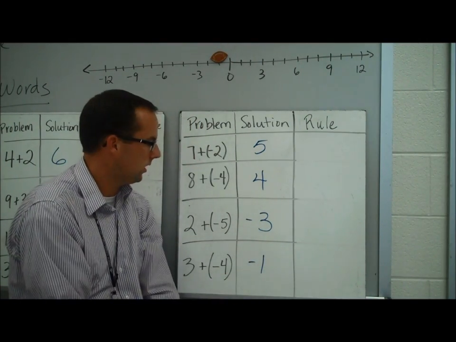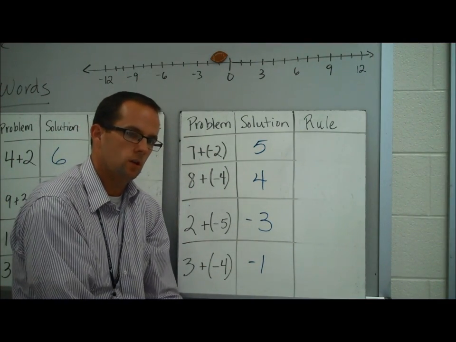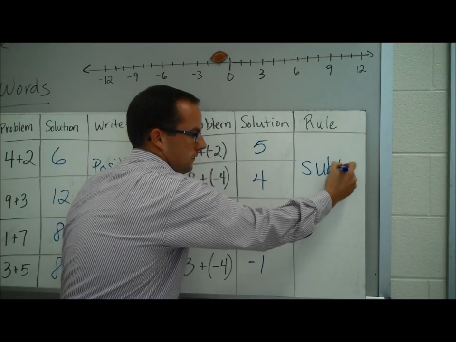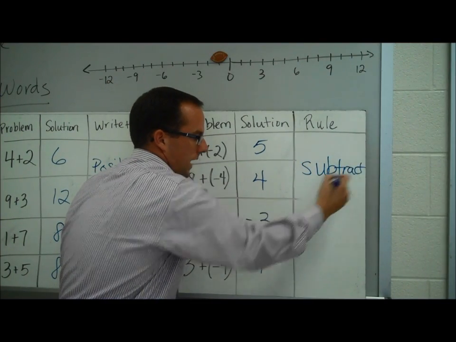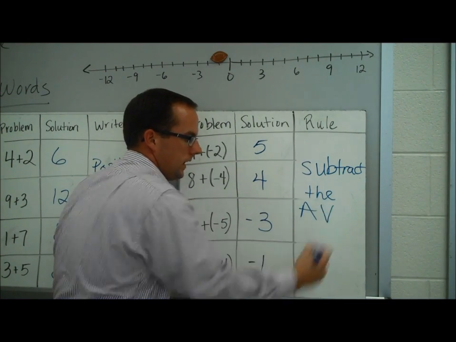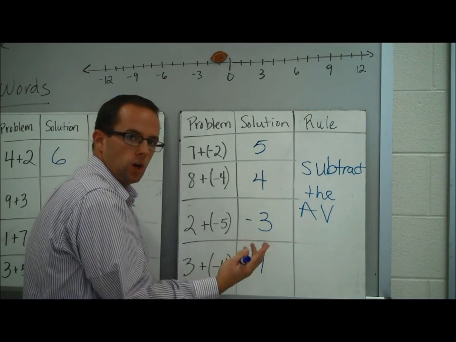So what pattern do you notice? Well, what are we really doing between the 2 integers? We are actually subtracting. Subtract the absolute value, and I'll abbreviate that AV, okay? And then we're going to take the sign of the larger absolute value.